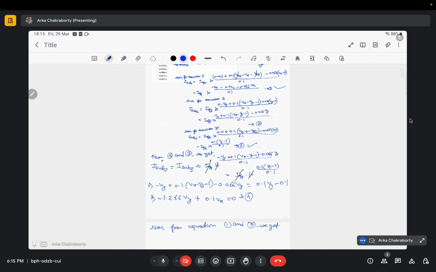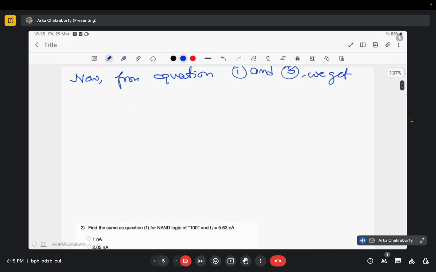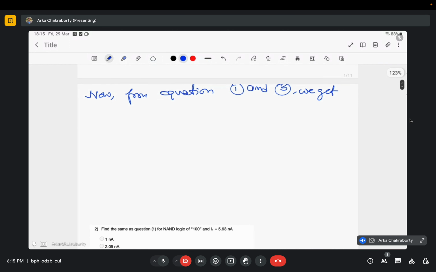Again I0 and 10 to the power will cancel each other out, so let me simply write the variables that I'll be left with. So it will come as minus Vx minus 0.1 Vx minus K gamma is 0.066 Vx will be equal to 0.1 Vy minus VDD. So eta into VDD, that is 0.1 into 1, will be 0.1.